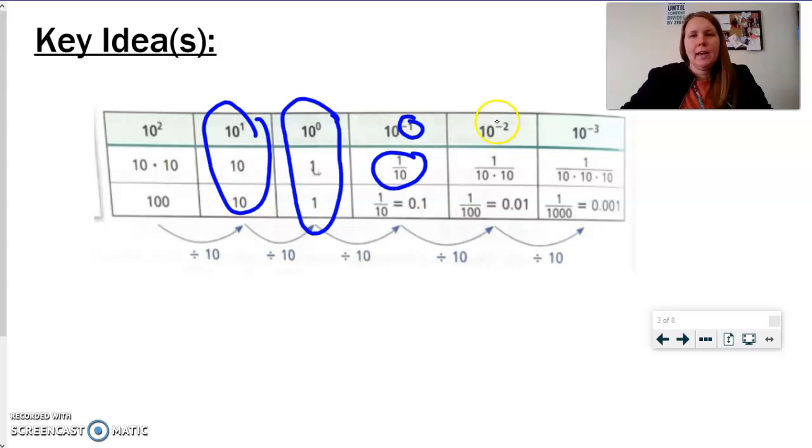Then 10 to the negative 2 is like saying 1 out of 10 squared. Well, 10 squared is 100, so you get 1 out of 100, or we can show it in decimal form. And it's going to just continue to get that way as we move forward into our other numbers.